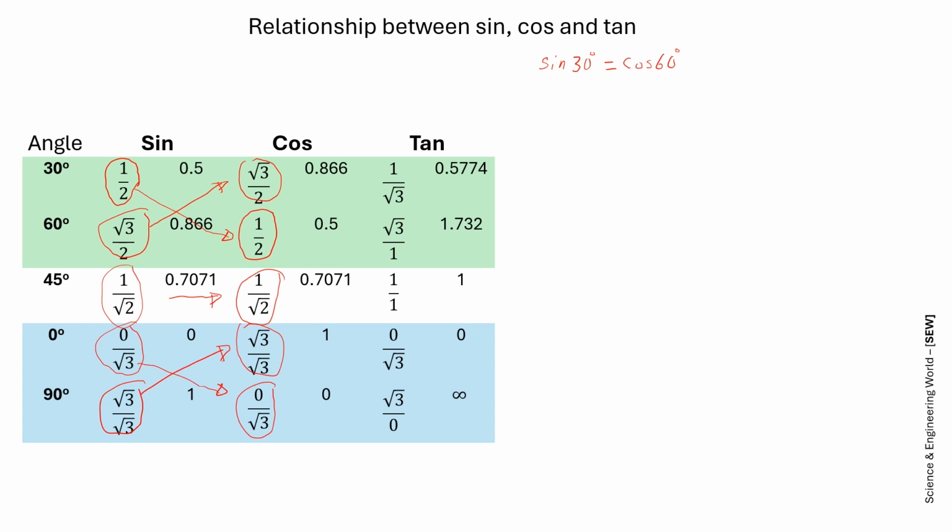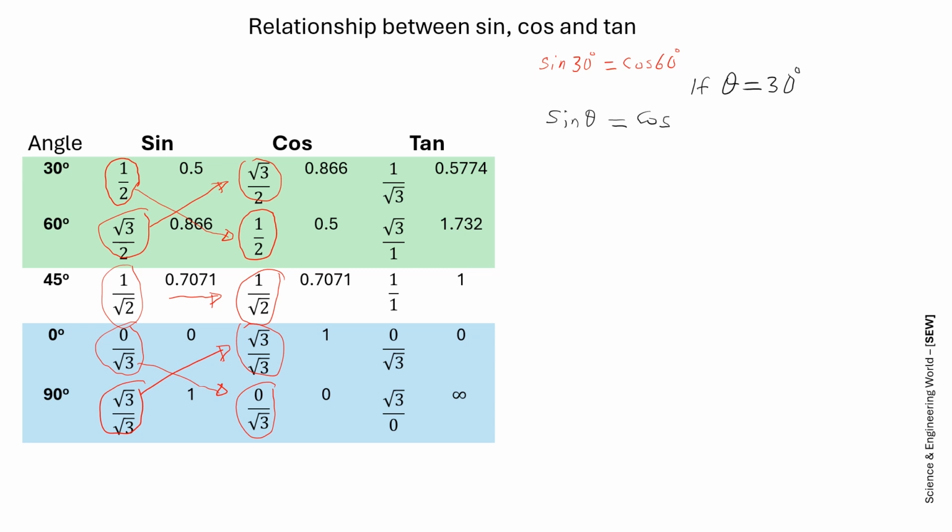Let's say theta equals 30 degrees. Good. So we can now say that sine theta will be equal to cos.